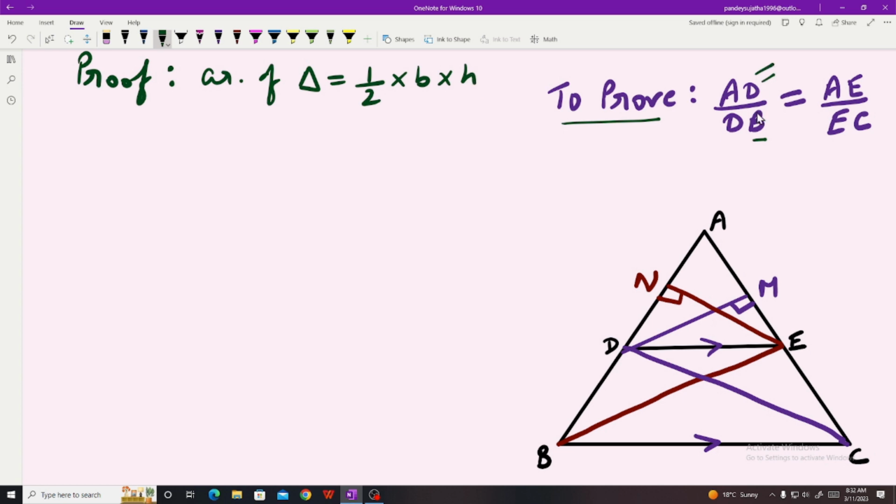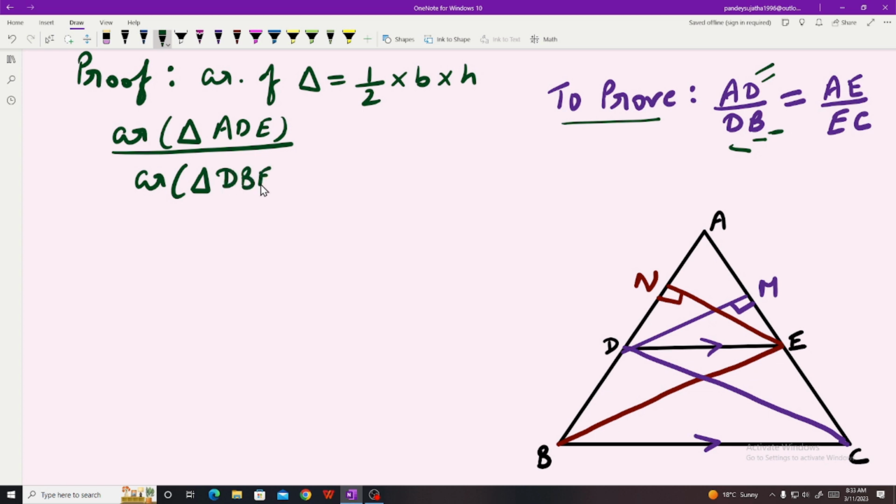To get these sides AD and DB, we are going to use area of triangle. AD is a part of triangle ADE. So that is area of triangle ADE upon area of triangle. DB is a part of triangle DBE. So I'm going to write here DBE.